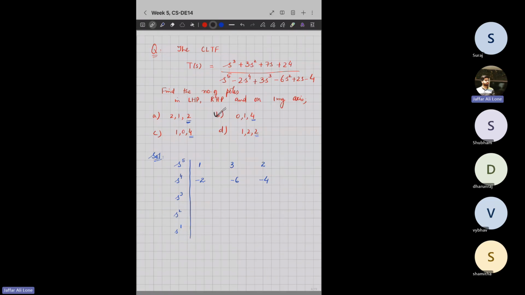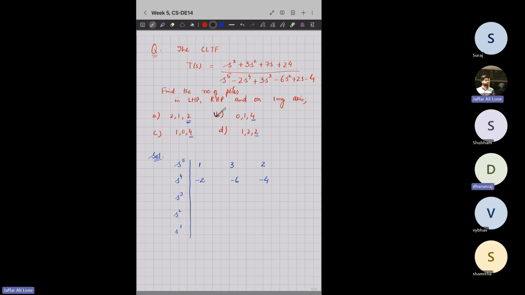Now, can any one of you tell me the pole location on the imaginary axis? Or at least tell me the auxiliary equation. What is the row of zeros? Which row is the row of zeros? Tarun Raj, which row is the row of zeros?